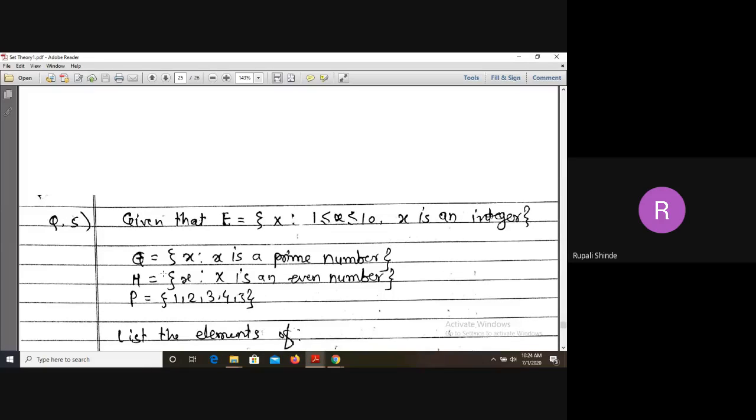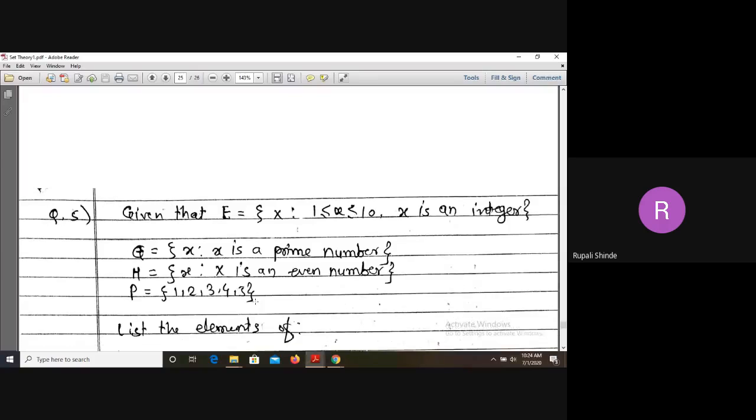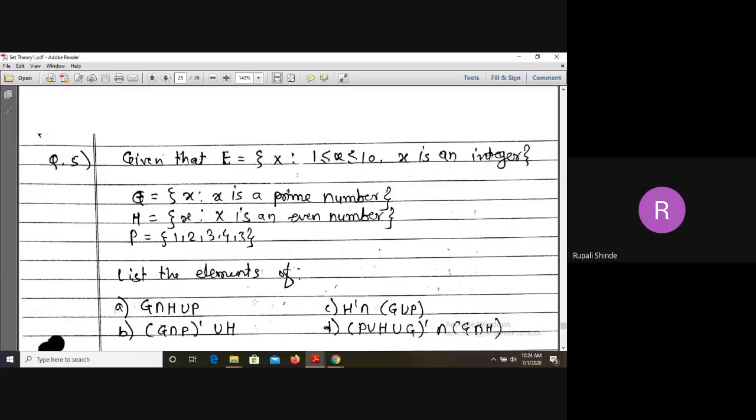From that, we have constructed three subsets. The first subset G contains all the prime numbers from 1 to 10. Then H contains all the even numbers from 1 to 10. And P is given as 1, 2, 3, 4, 5. Now we have to solve all the questions based on this.